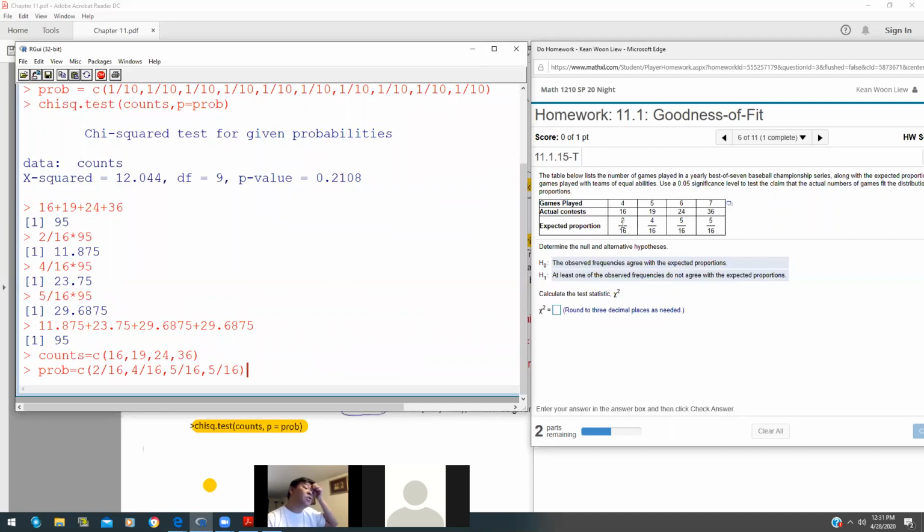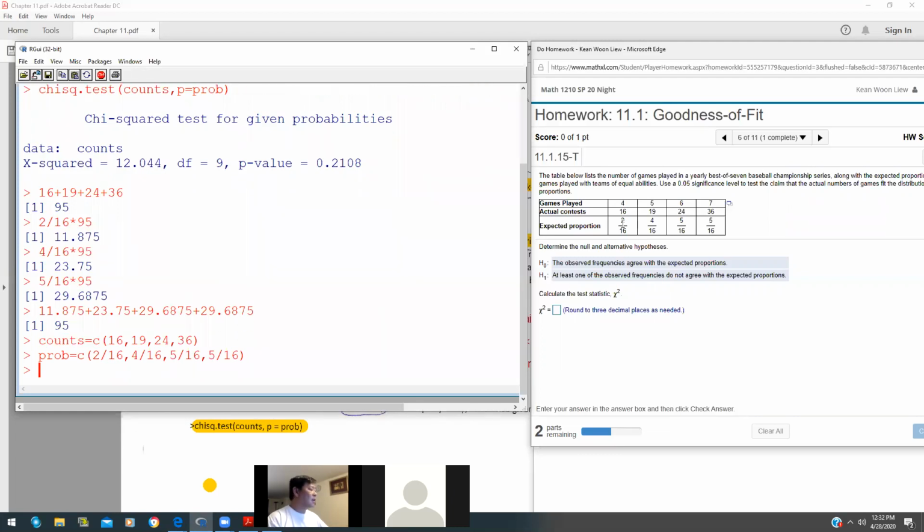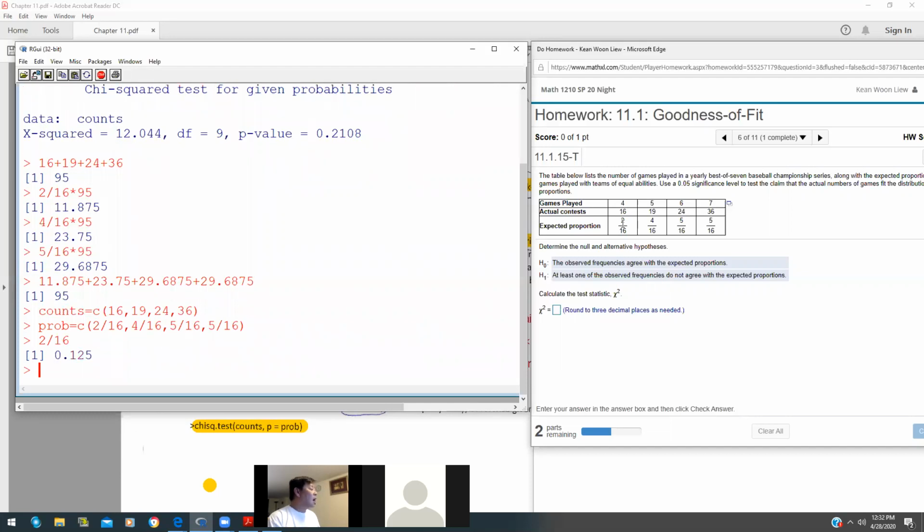I recommend you give your answer in fractions. Don't use your calculator and find that 2 out of 16 is 0.whatever and put that in. If you do that, your answer will be wrong, because if you put 0.13 in the first one, then everything you calculate in your chi-square is wrong. So I recommend you use a fraction if it's given as a fraction. If they give you percents, then you put it in decimals, okay?